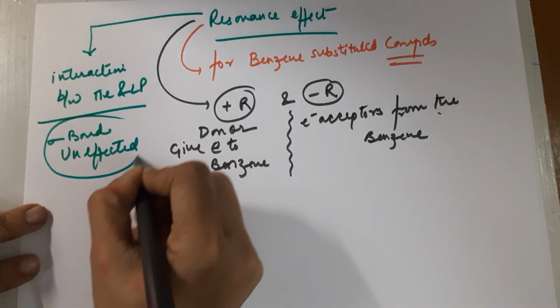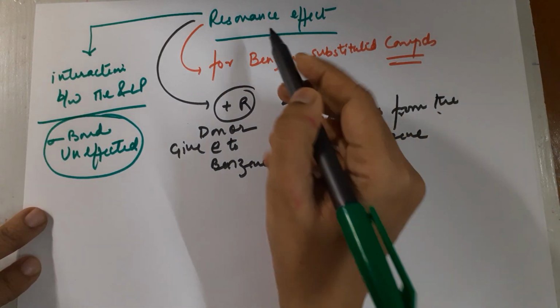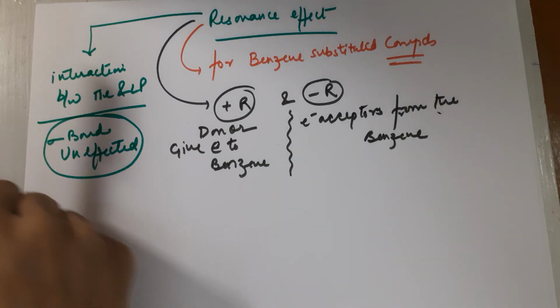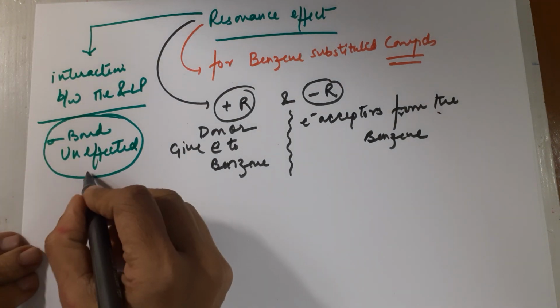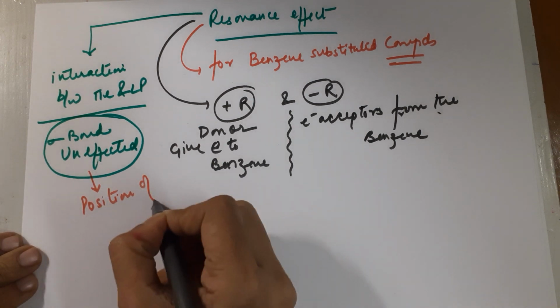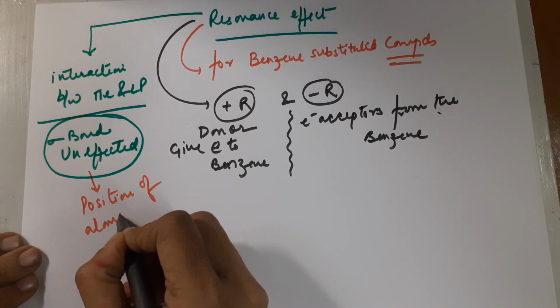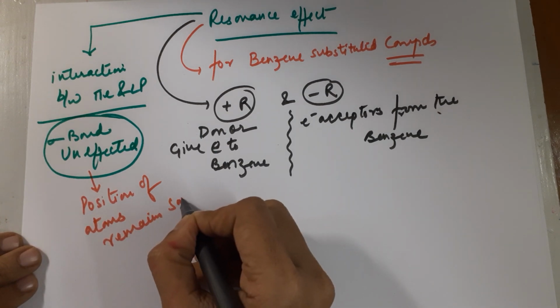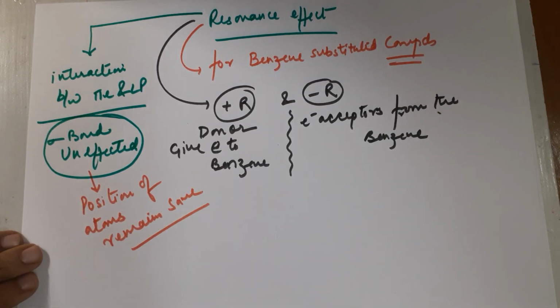This should be absolutely clear. Whenever we draw the resonating structures, sigma bonds are unaffected, which also means that the position of atoms remains the same. It does not change. I hope that is clear to you.